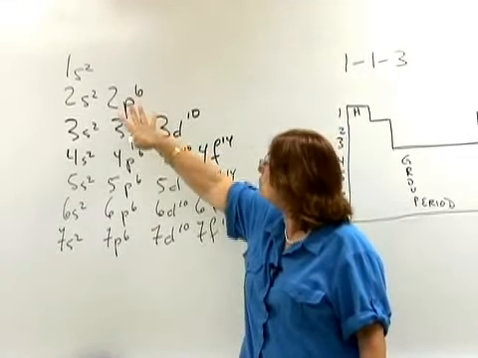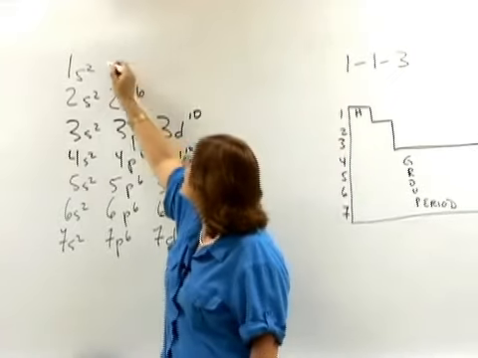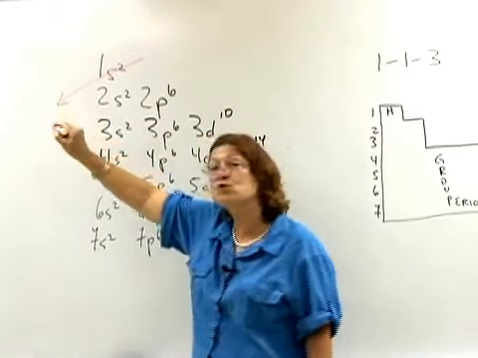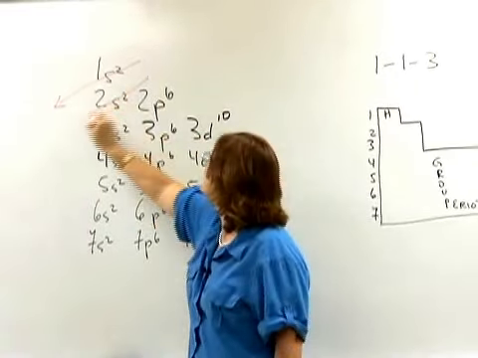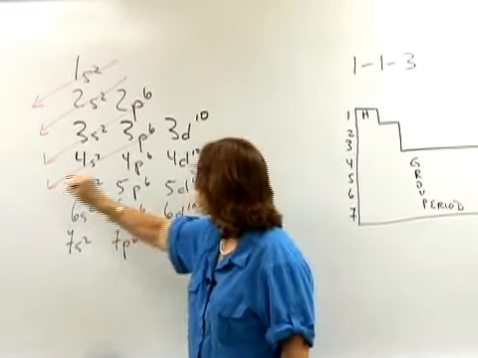I draw out each one of the energy levels and the orbitals that are in them, and then I put a diagonal line through the first orbital and then the second orbital, and then my diagonal lines will follow in the correct pattern.